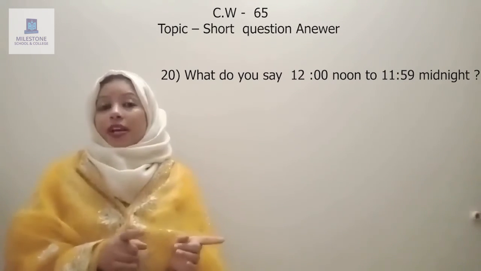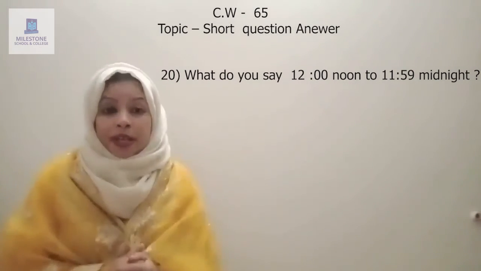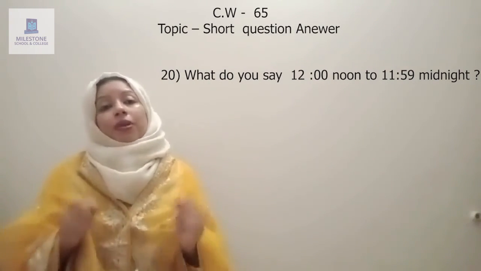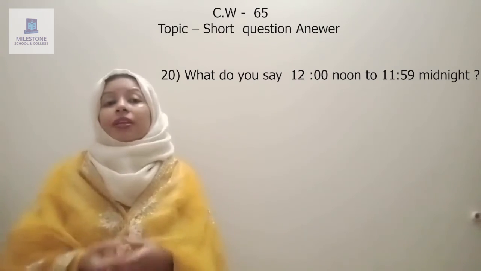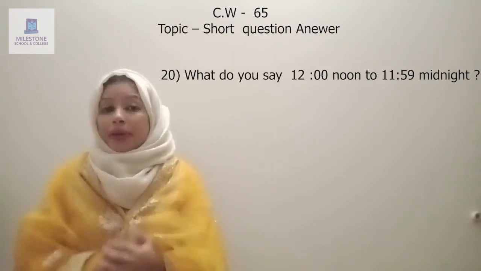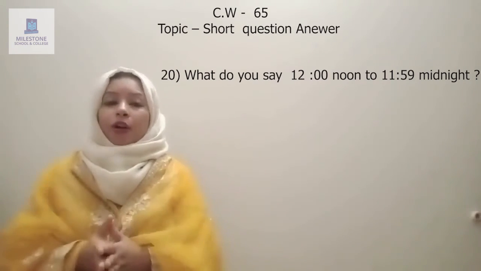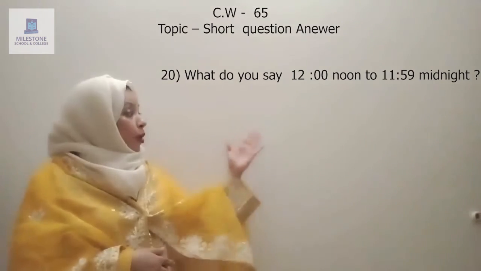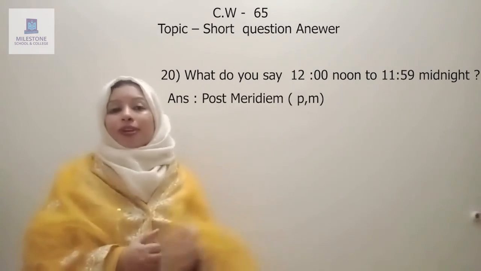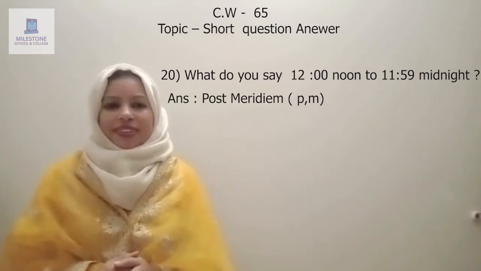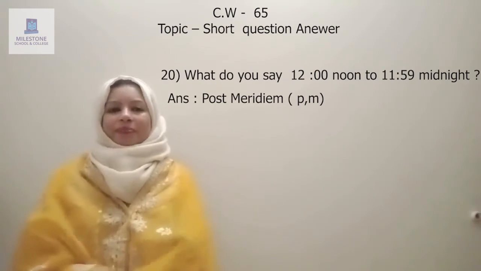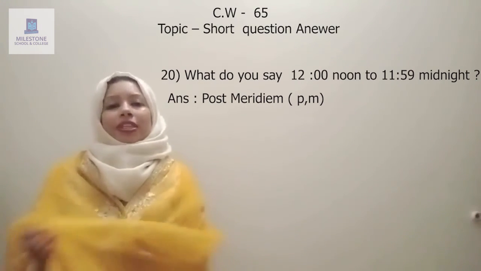That 12 noon to 11:59 midnight, in that time we are always using the word PM. And PM means what? The elaborate form of PM is post meridian. Post meridian. Okay, dear? So this is our last question.